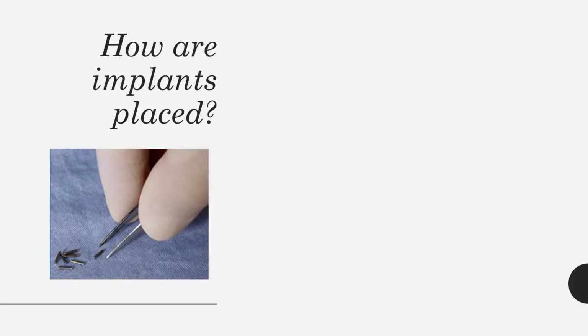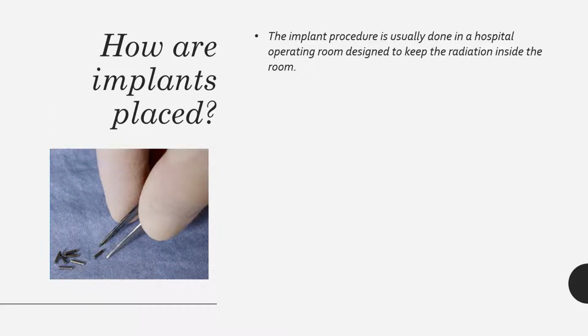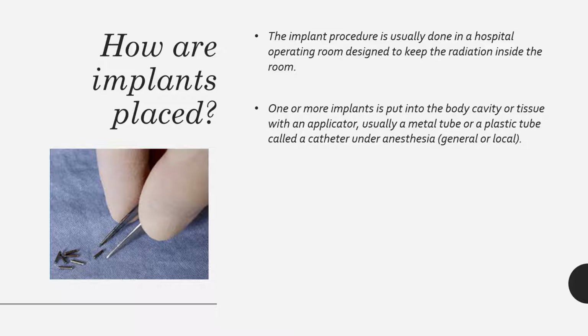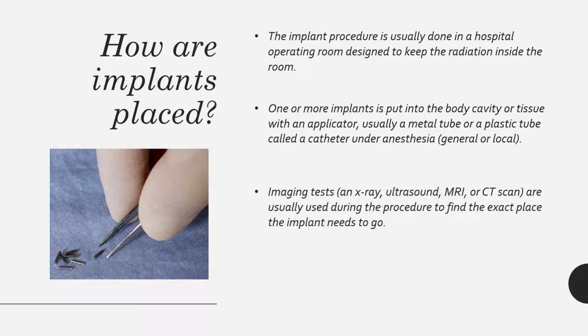How are implants placed? The implant procedure is usually done in a hospital operating room designed to keep the radiation inside the room. One or more implants is put into the body cavity or tissue with an applicator, usually a metal tube or plastic tube called a catheter, under anesthesia, general or local, whichever the doctor sees fit.